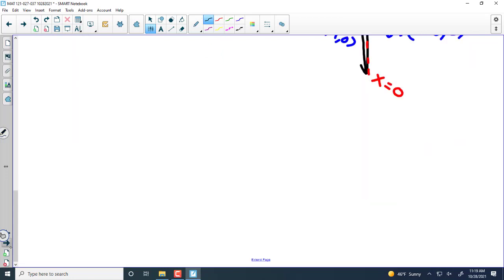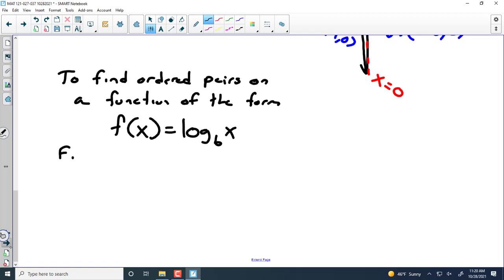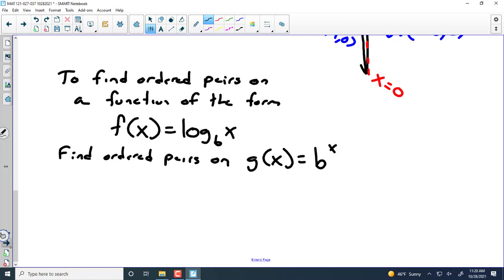So I would say, to find ordered pairs on a function of the form f of x equals log base b of x, find ordered pairs on b to the x, the inverse function, and swap them.